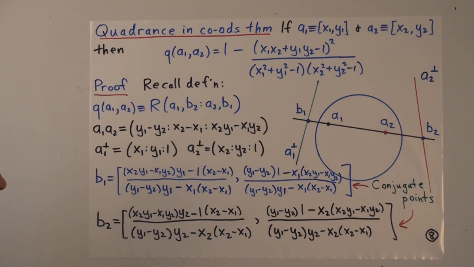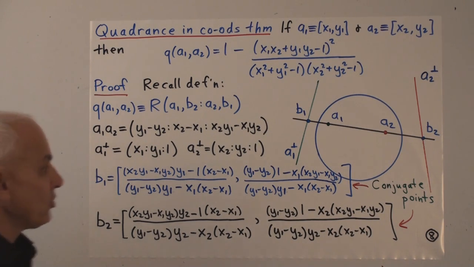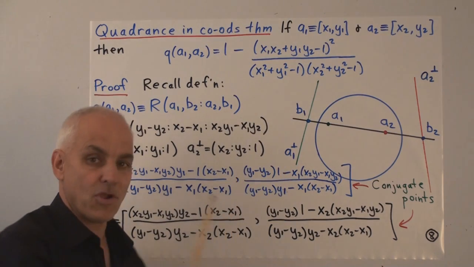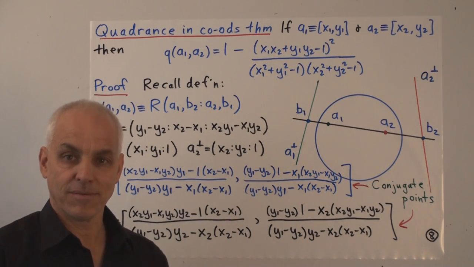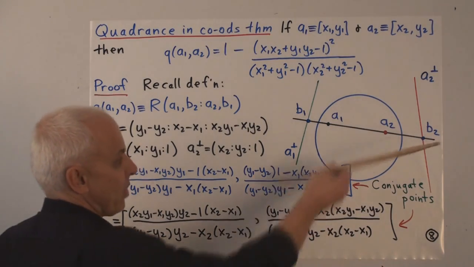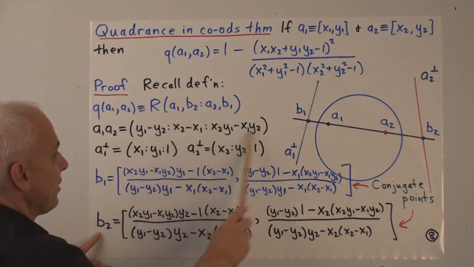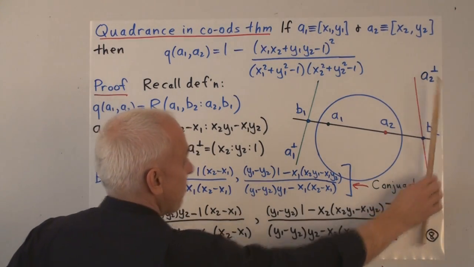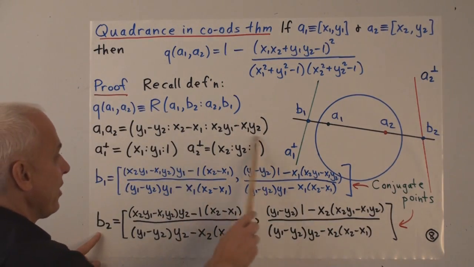And how did we get this? Well, we just use the fact that if we know 2 lines, this line and this line, then we can write down the coordinates of the point that they meet at. So for example, for B2, A1 A2 is that line right there. A2 perp is that line right there.